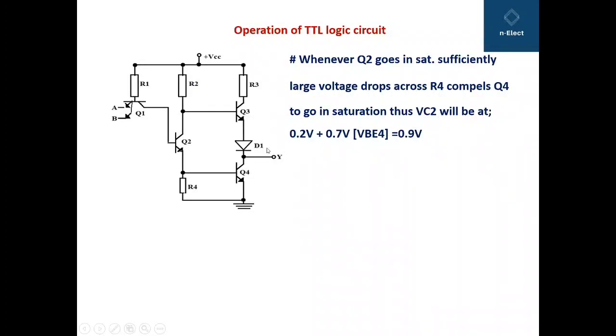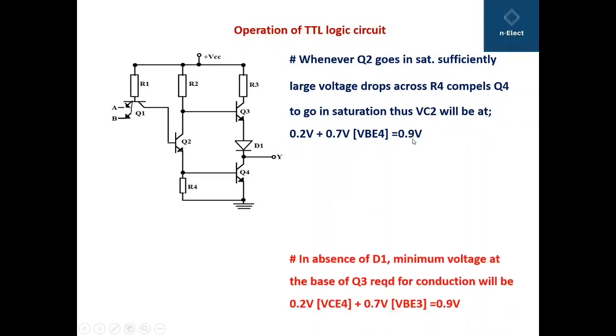Thus VC2 will be 0.2 volts plus 0.7 volts. See, 0.7 volts from VBE4. So VBE4 is the voltage existing between these two terminals, and 0.2 is the saturation voltage here. So this is 0.2 plus 0.7, that is 0.9 volt.